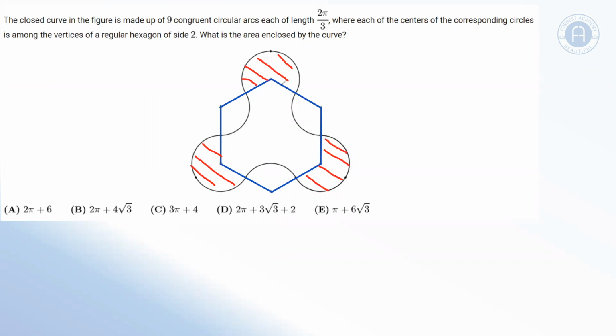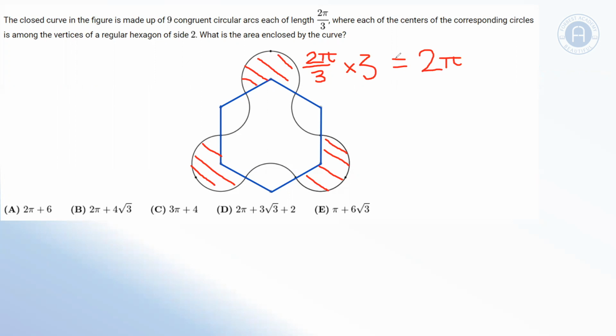The radius is 1, so 1 squared multiplied by π gives the entire circle an area of π. So 2/3 of the circle would be 2π/3. We have 3 of these, so that gives our total area outside of our hexagon as 2π.